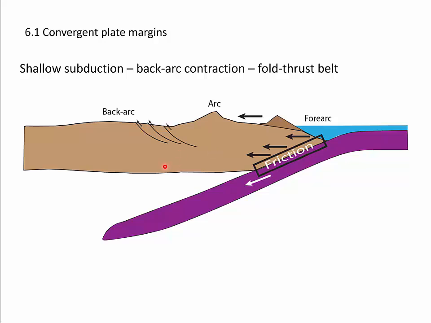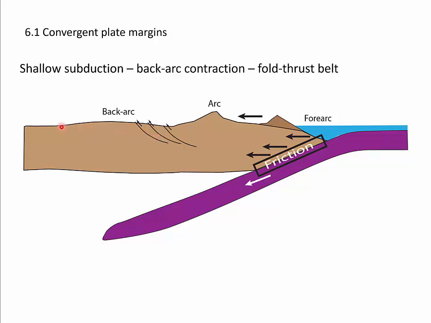We are not generating significant heat influx into the overriding plate, which stays relatively cold, but is undergoing horizontal contraction. That moves the arc from an initial position further inland, and we will find thickening and thrusting in the back arc. This is where back arc fold and thrust belts are forming.